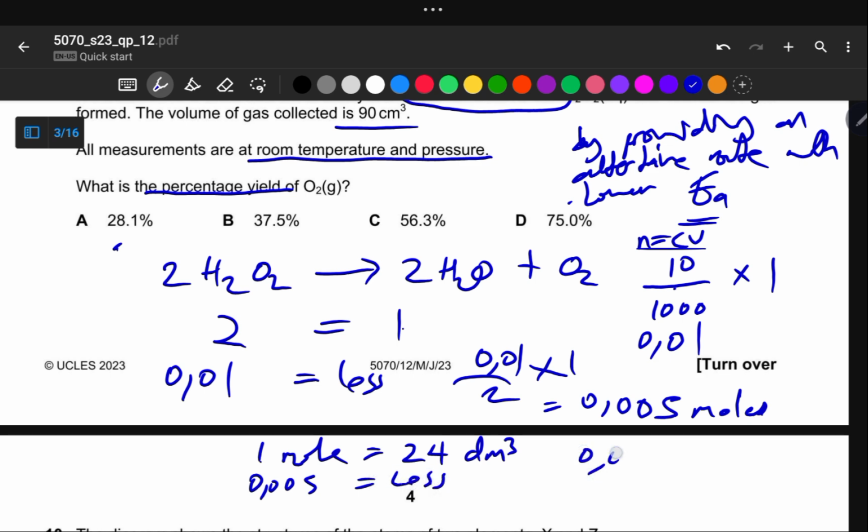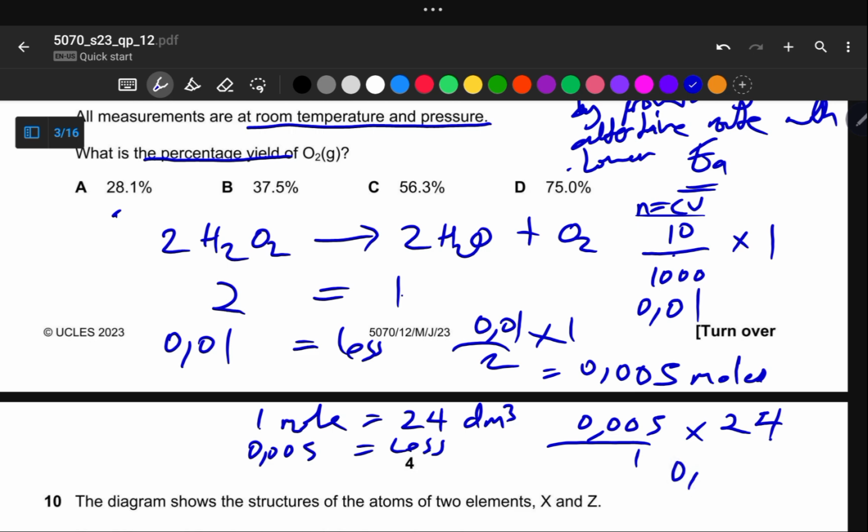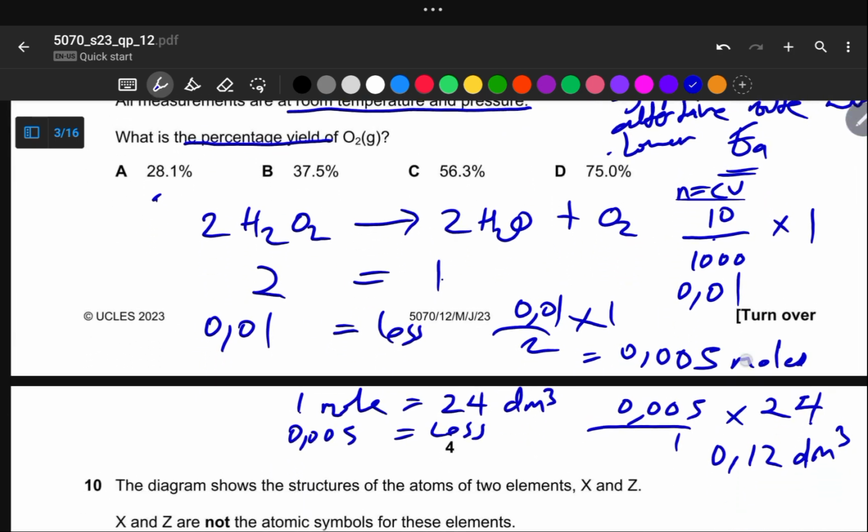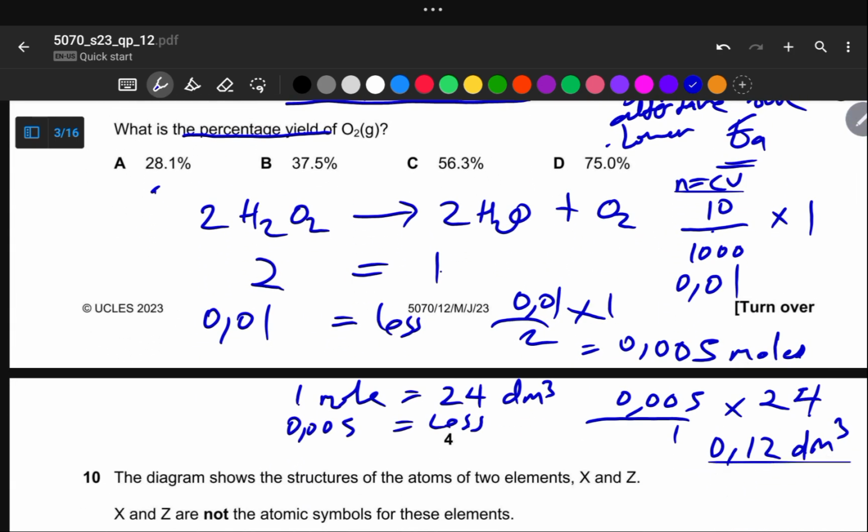So it's 0.005 over 1 multiplied by 24. So we're going to have 0.12 cubic decimeters, right? So this is the theoretical amount of oxygen that was supposed to be formed.